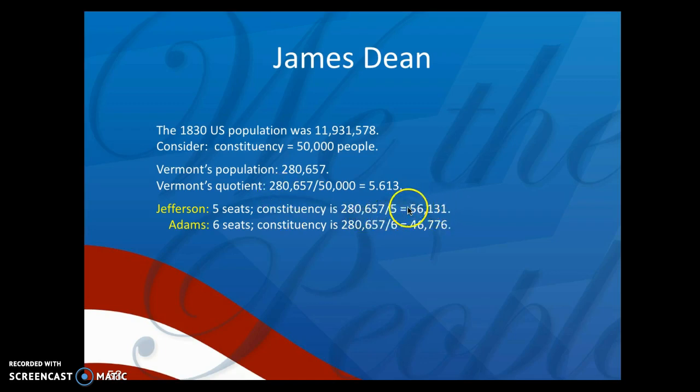So in Vermont, each representative would represent about 56,000 citizens. And if the state gets 6 seats, 6 House of Representatives, you take the population divided by 6, each single congressperson would represent 46,776. So again, this is why Adams wanted more round up. You get more representation, or each representative represents fewer people.